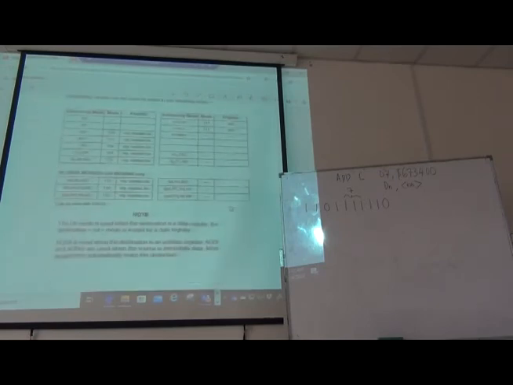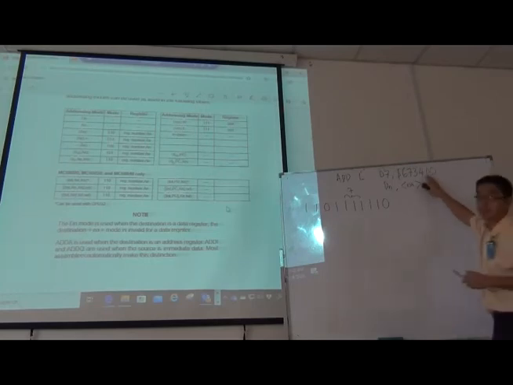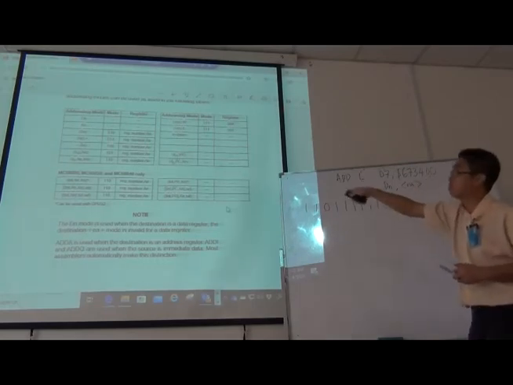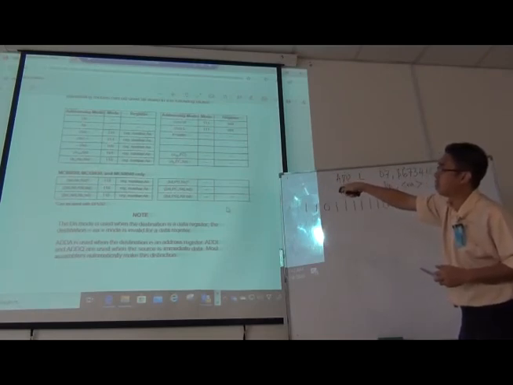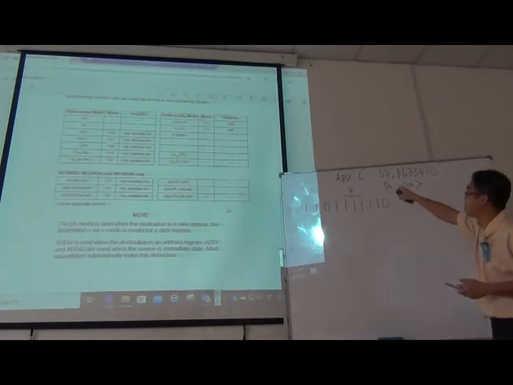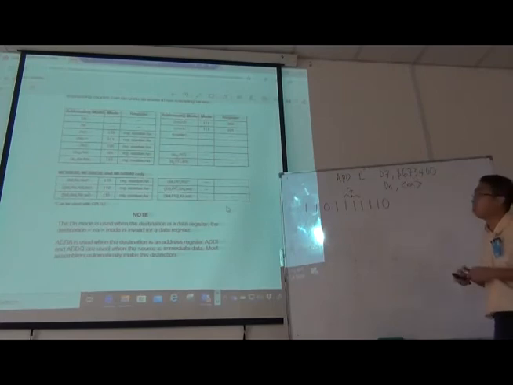This is the destination operand. Based on this, which one do you need to pick? From here to here. You cannot pick everything, because actually there's no number also. So this is not Dn. But eventually this is basically an absolute long, because there are more than 4 digits. This is considered absolute long.